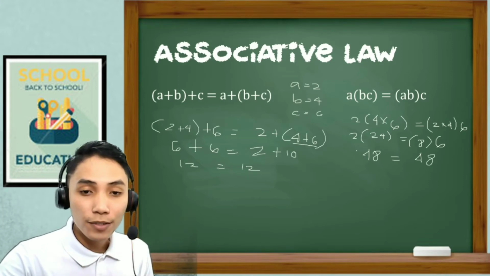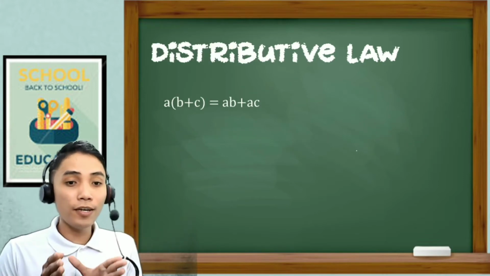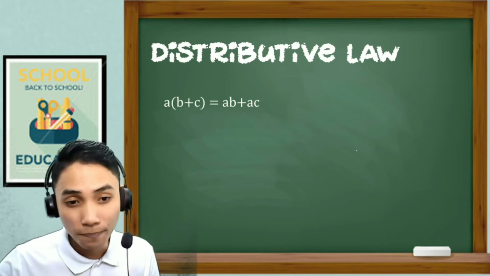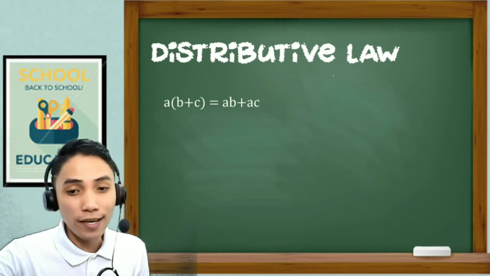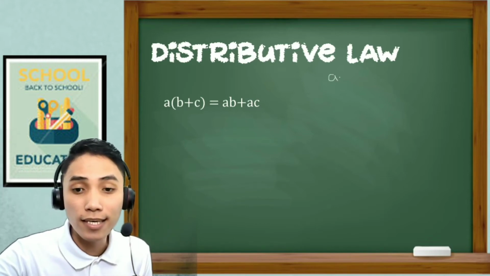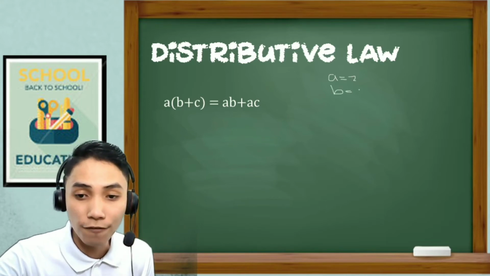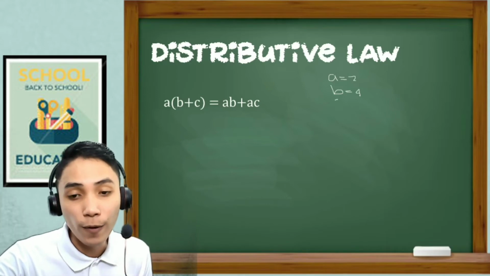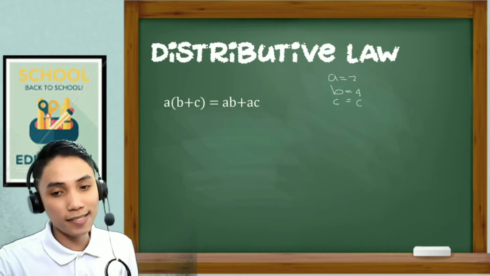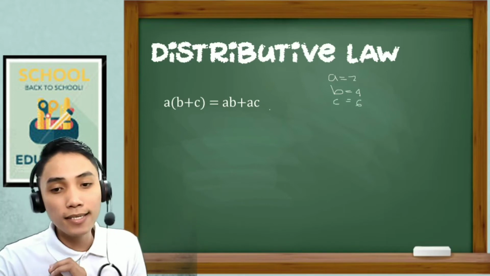Let's move to the next law. We have here the distributive law. Let's say the value of A is equal to 2, the value of B is equal to 4, the value of C is equal to 6. Now let's substitute.